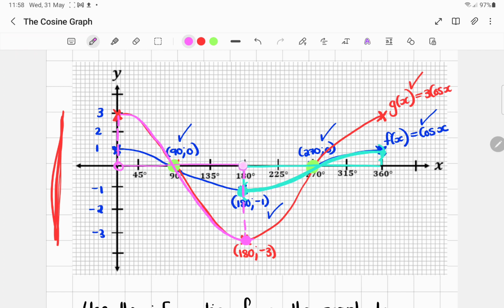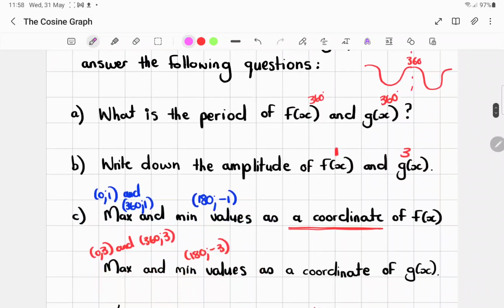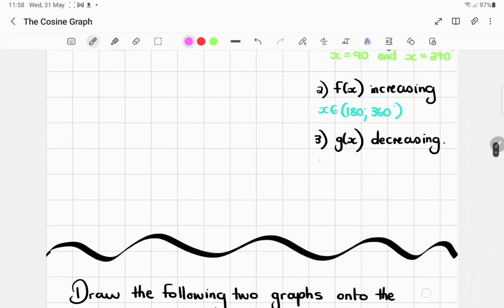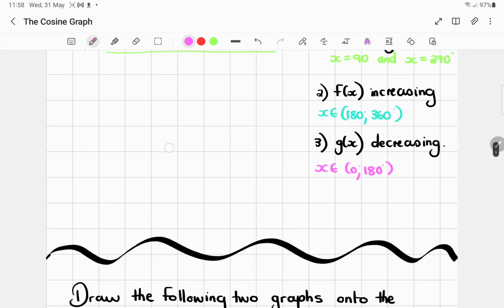So this part over here. And at that part, it starts, so it's not in motion yet, and then it goes down, and then it stops, and then it starts climbing. So from 0 to 180, and we're not going to include 0 or 180. So x is an element of (0, 180), round brackets.